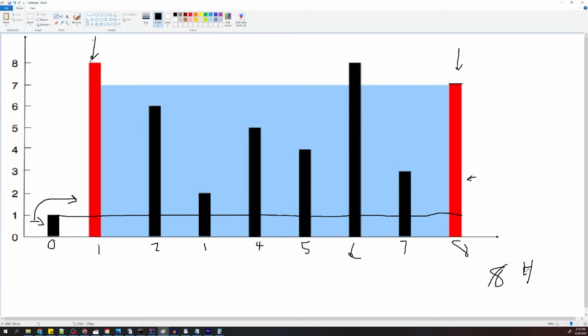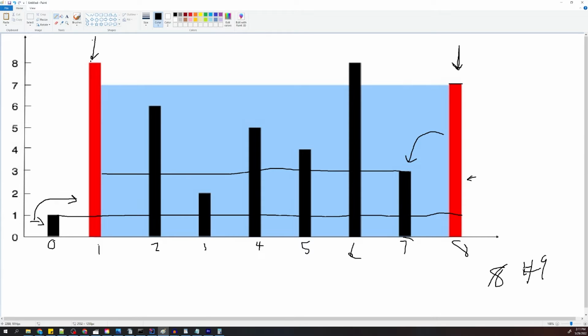Now we have 49. Just to continue on, now this one is the smallest, and we want to advance this one. So this one is going to go over here. Now we're at 7, but the height at 7 is only 3. So we take 3 times 7 minus 1, which gives us 18.